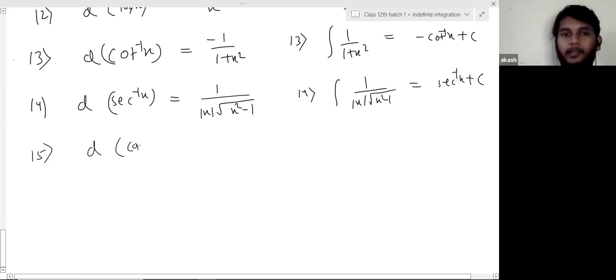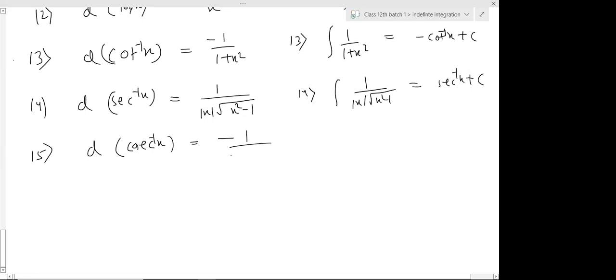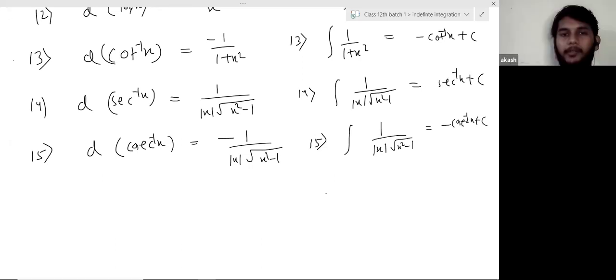Differentiation of cosec inverse x is minus 1 by mod x root x square minus 1. What remains? Log formula, the last one.